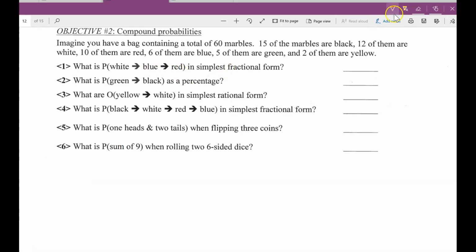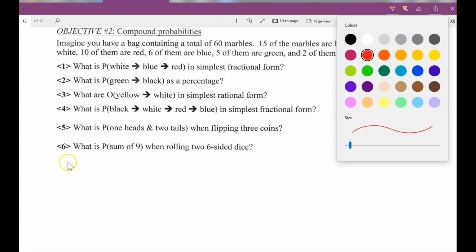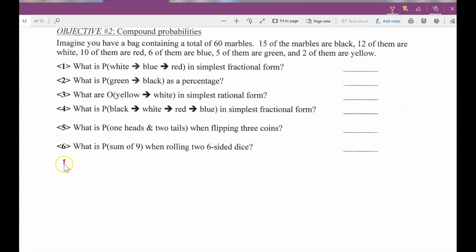So let's go down here, pull up a red pen, and let's go here. See, so number 1. All right, so first thing we need to know is that since we are doing replacement, every time we make each of these 3 pulls, the denominator is going to be the same.